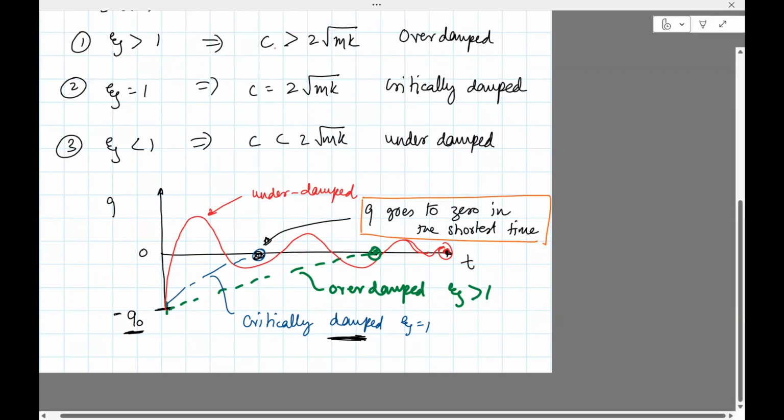Okay, and that is important for us because when we are looking at a system which behaves, say, like a spring mass system, normally what happens is, let's say a bridge is modeled as a spring mass system.